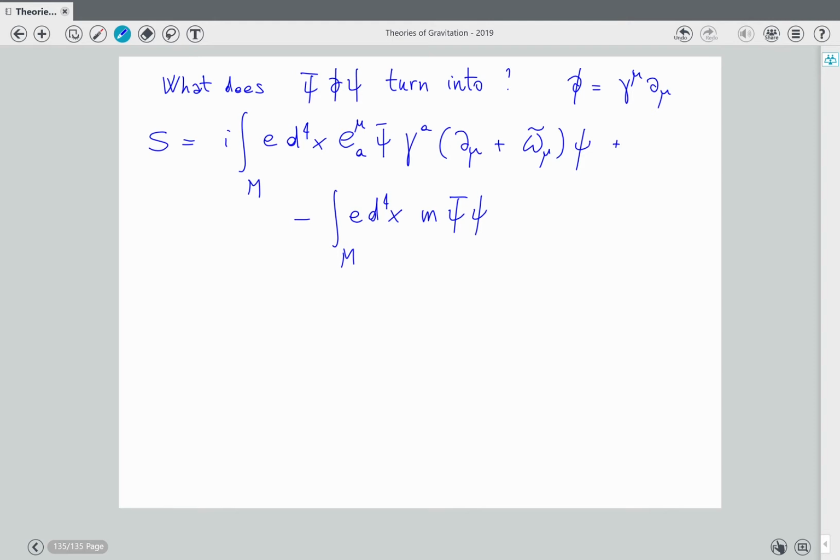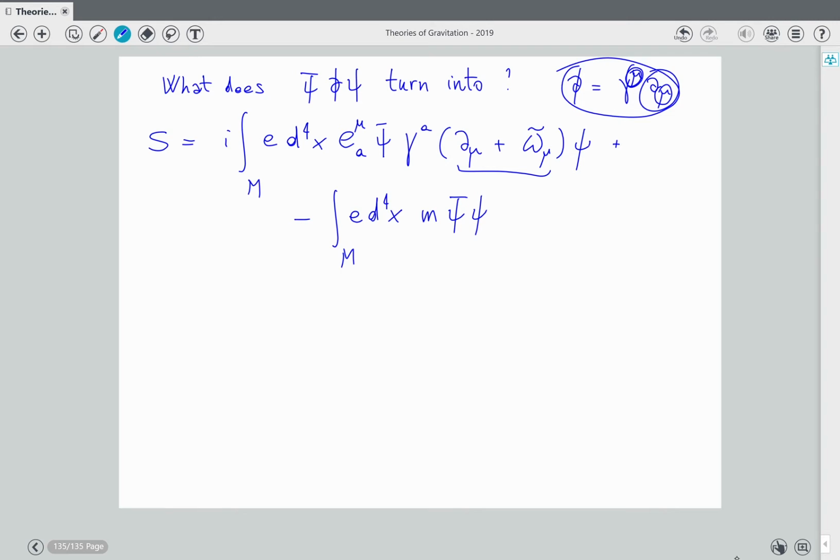First, we want to generalize this: the partial derivative will become a covariant derivative, and we will see later what that is. Second, we cannot contract this index with a space-time index, because we want gamma matrices that are numbers and should not depend on the point.